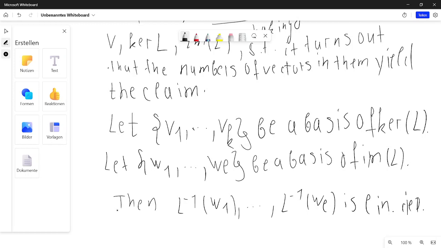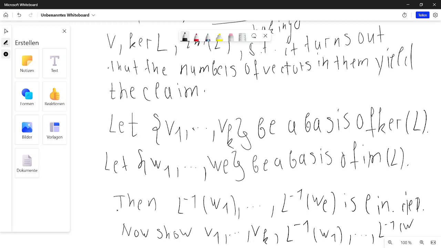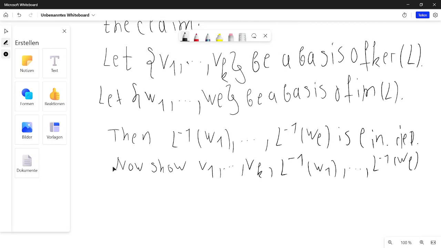Now, the thing is, now show that V1, to VK, L minus 1 of W1, to L minus 1 of WL is linearly independent.